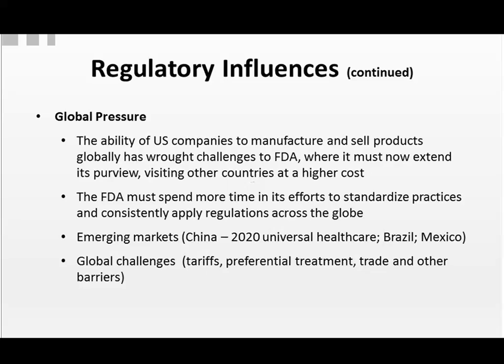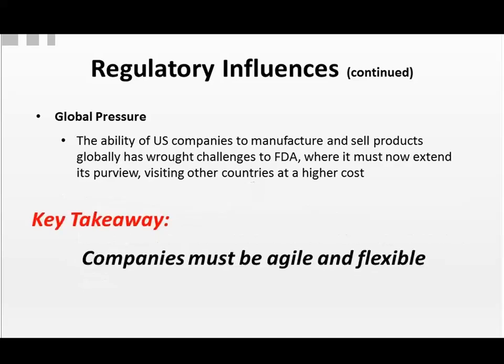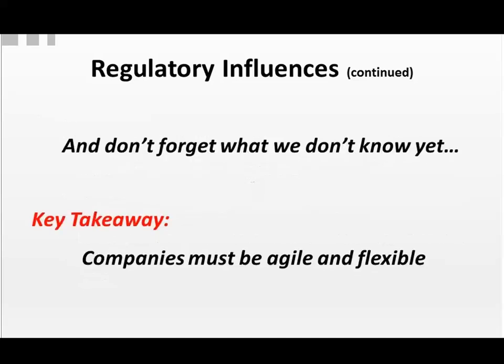So is India. And a lot of global challenges as well, where you have trade and other barriers. You have tariffs, preferential treatment. You might also have concerns about supply chain with contraband and counterfeit. Companies have to be agile and flexible to respond to all of this.